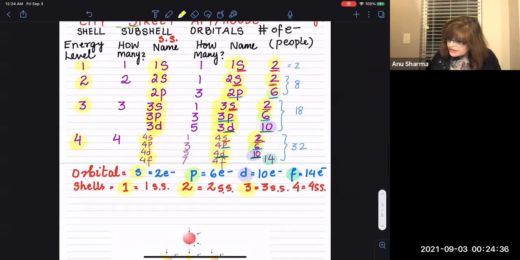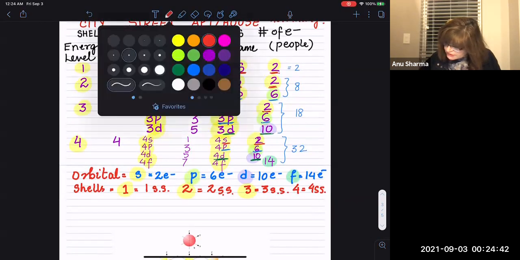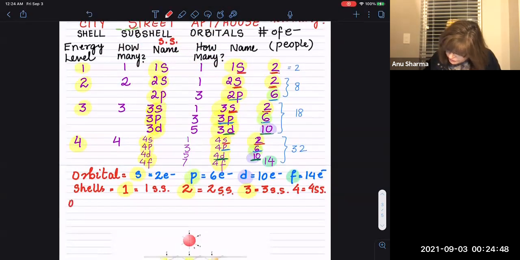Another piece is the subshells and the orbitals. Okay, first, the s subshell will contain 1 orbital.